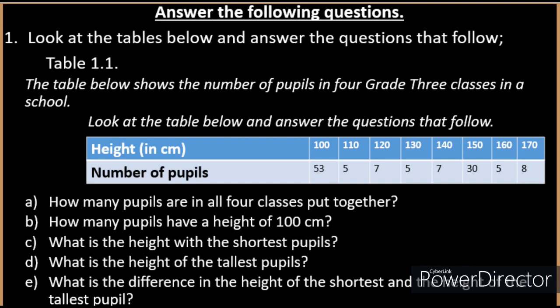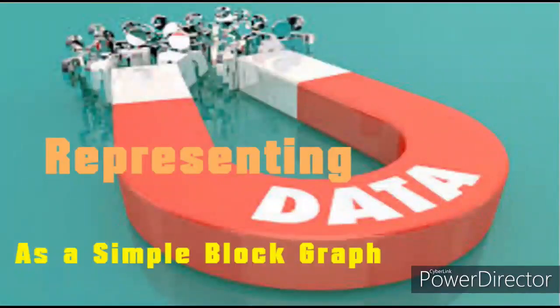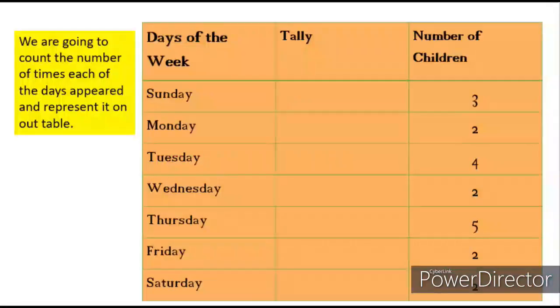Today we are continuing our lesson, and we are looking at representing data as a simple block graph. It means the information that we've had, or the data that we've organized over the previous lessons, today we are going to look at how we can represent it on a block graph.